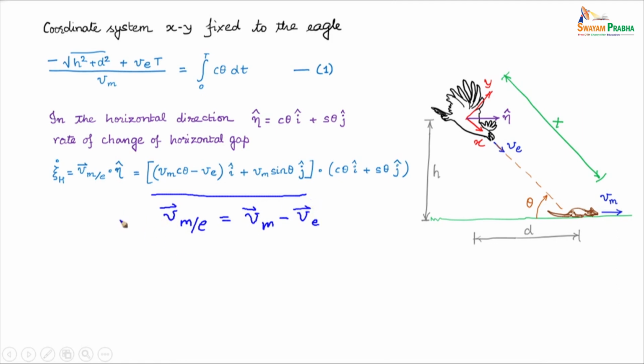This was represented in terms of x dot and omega cross x vector, as represented in the rotating frame. But V mouse with respect to the eagle is V mouse minus V eagle, and that is what I have written out here.